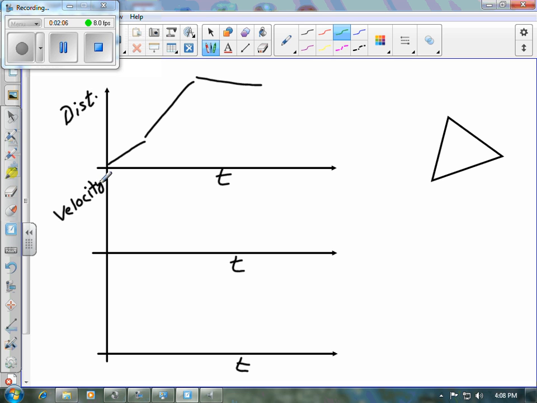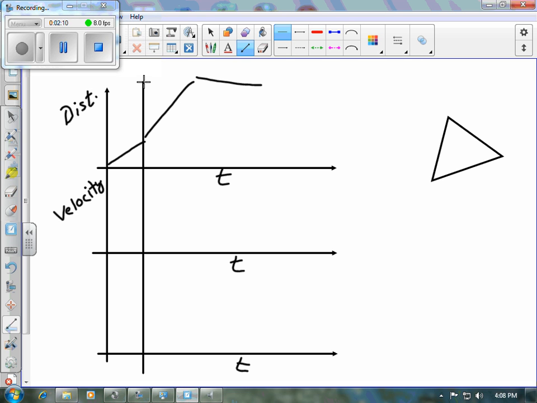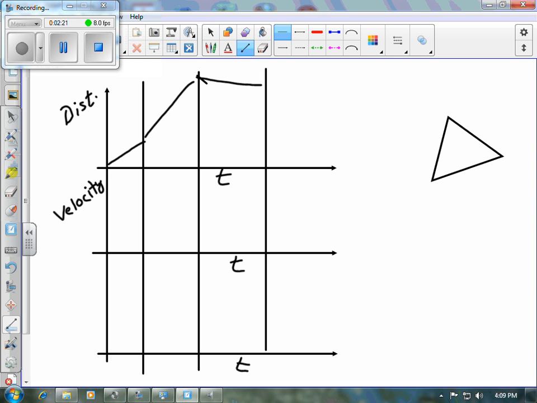So I will use my shapifier to hopefully make a shape there, and a shape there, and a shape there. Okay. So those are the three portions of the graph.